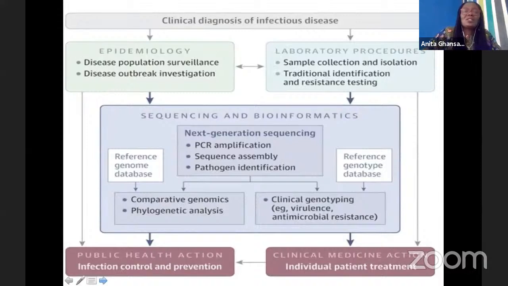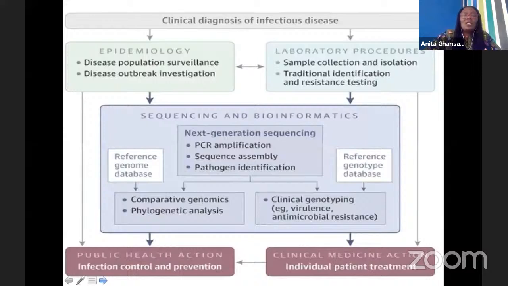Take home the fact that if you have a clinical diagnosis of an infectious disease, you can look at the epidemiology or laboratory procedures. That is what we do. We do disease population surveillance and disease outbreak investigations. We take samples and isolate DNA, and we do traditional identification and look for drug resistance.